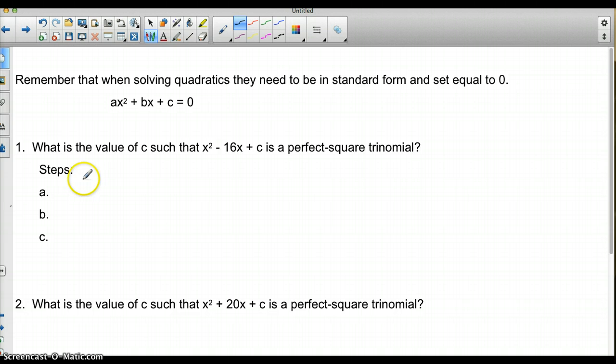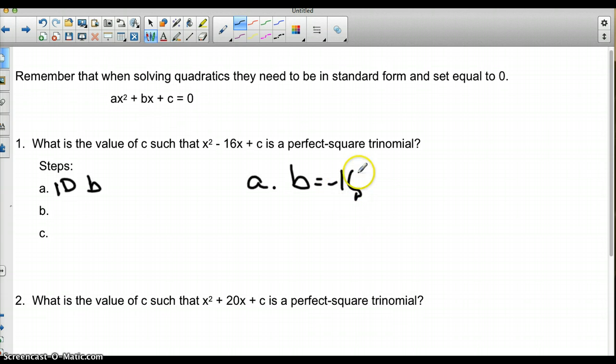Okay, so your first step is to find out what c should be. So you're going to identify b. In this situation, b equals negative 16.